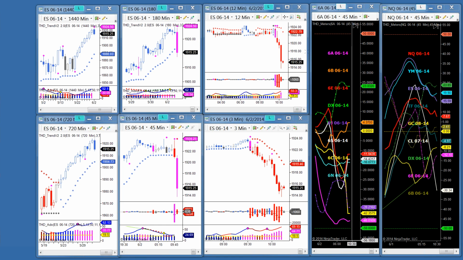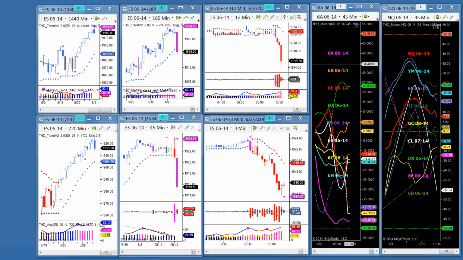Now, the other one you could actually look at today also would be the British pound, the euro, or the Swiss franc against the dollar, okay? The euro, this is what we're waiting on because you can see these are flatlining right now. But if they start up and the dollar starts down, then you would look at a long on the euro, you would look at a long on the GBP US dollar, but you would be short on the USD Swiss franc.